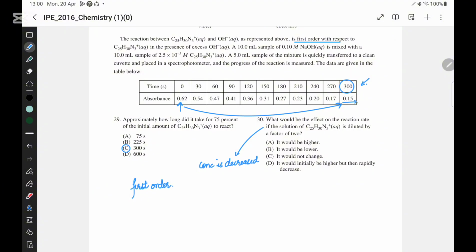For first order, rate of reaction is directly proportional to the concentration. If the concentration doubles, rate doubles. If concentration is halved, rate is also halved. So if it is diluted, means the concentration is decreased, then what will happen to the reaction rate? That would also become lower. So our answer is going to be B.